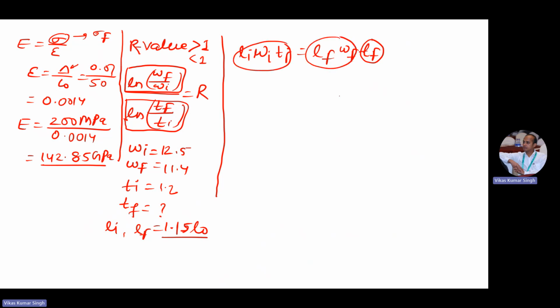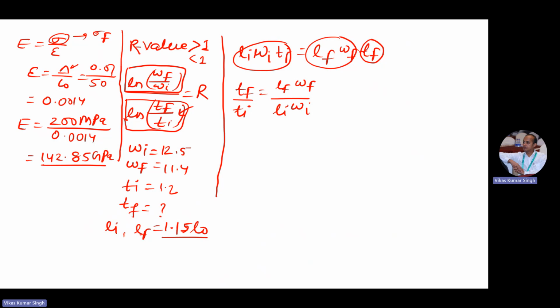I'm writing T final by T initial, because this value we can directly put here. So this will be L final W final divided by L initial W initial. This is nothing but our true strain in the thickness direction.